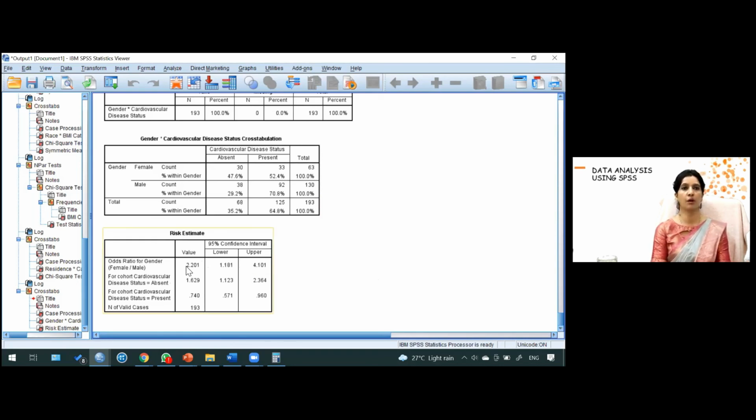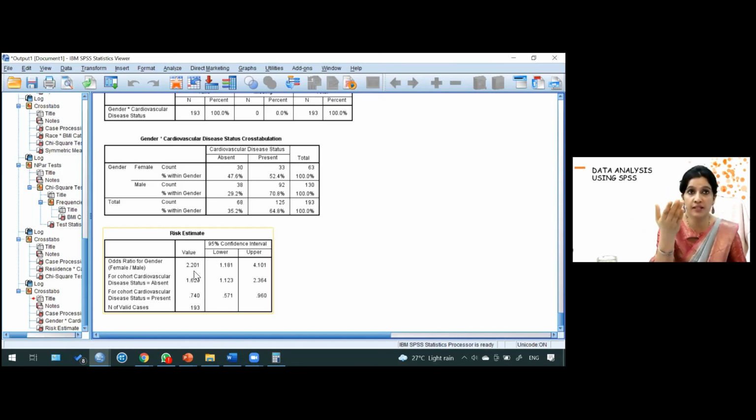You can see the odds ratio. So whenever SPSS analyzes the odds ratio, it takes the lower category as a reference. And what I have told you is that in our case, 1 is for female and 2 is for male. So it will tell you the odds ratio of CVD in male as compared to female.